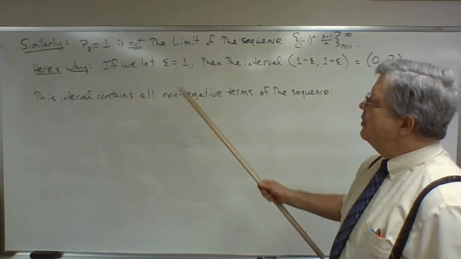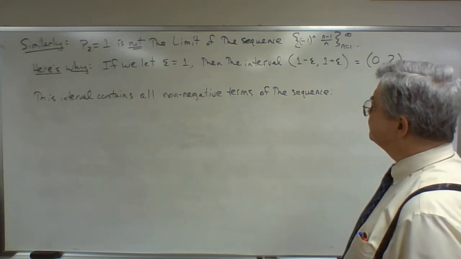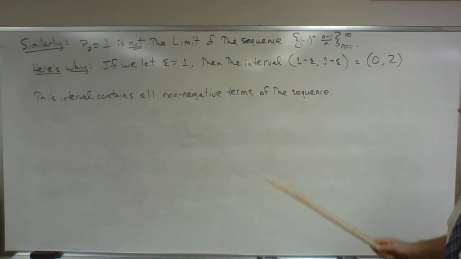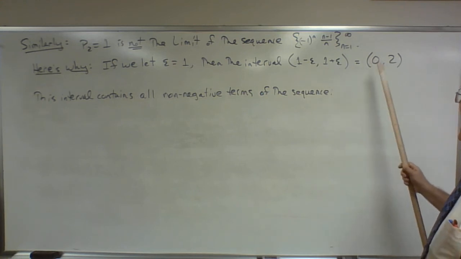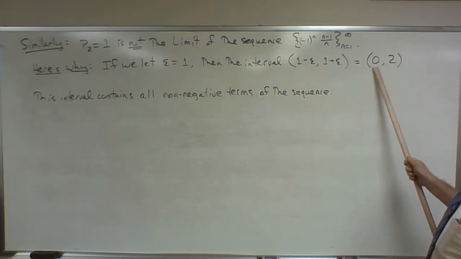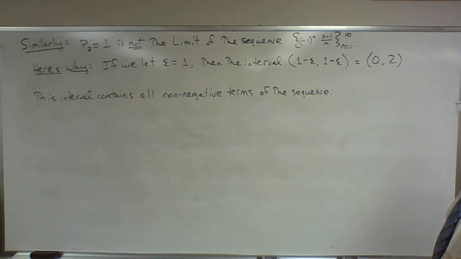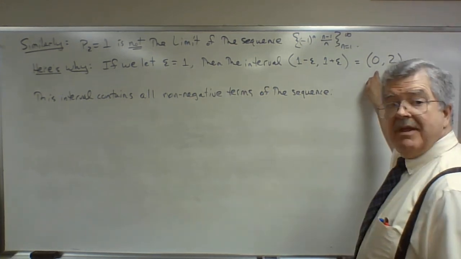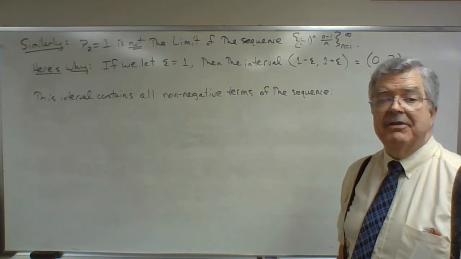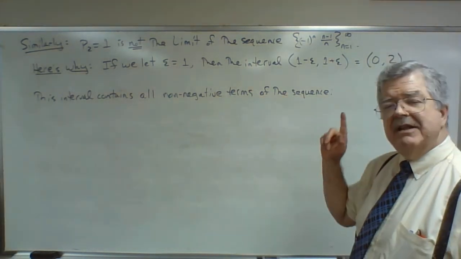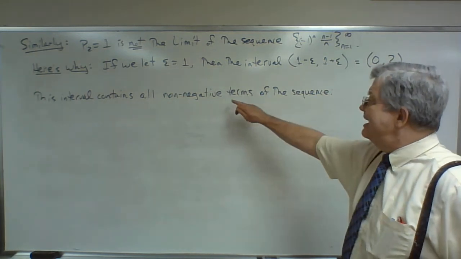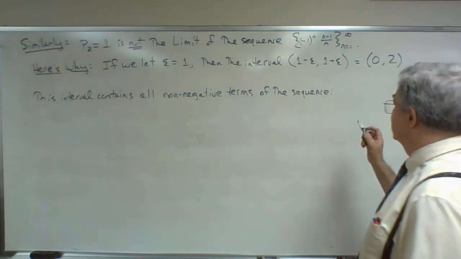To see that, we'll let epsilon equal 1. That means that the interval 1 minus epsilon, 1 plus epsilon is equal to the interval 0 to 2. And this interval does contain a lot of the terms of the sequence. As a matter of fact, it contains all non-negative terms of the sequence.